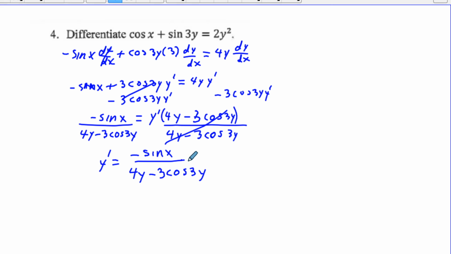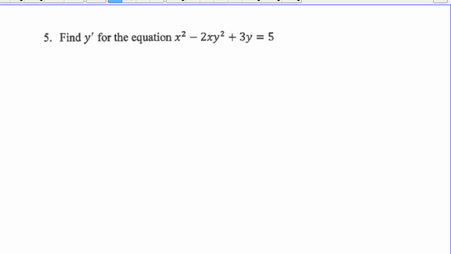Okay, and that, my friends, is going to be it. So same principles we used when we did implicit differentiation earlier, but this time mixing in these trigonometric functions or terms. Okay, next problem, which is going to end up being our last problem.